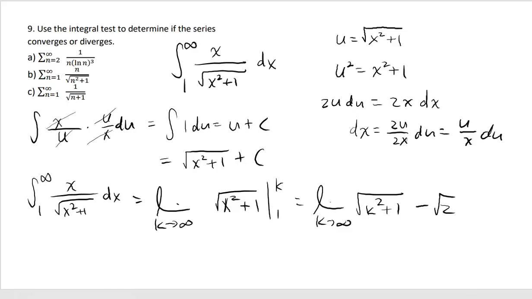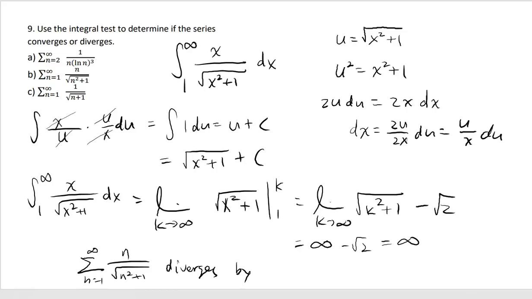And this is infinity, and square root of infinity is infinity, so you have infinity minus square root of 2, which is infinity. And since this diverges, we know that sigma n equals 1 through infinity of n over square root of n squared plus 1 diverges by integral test.